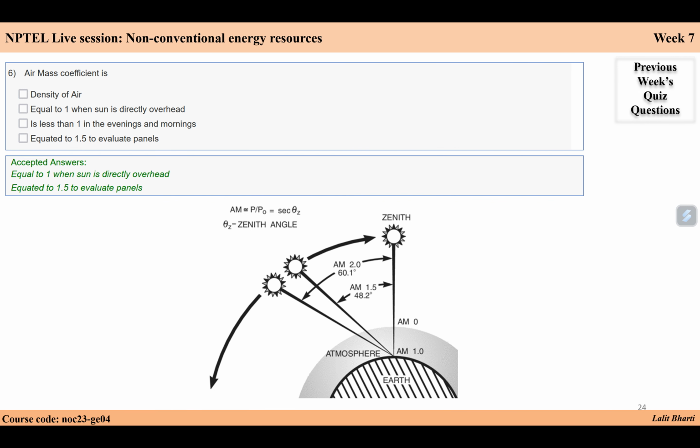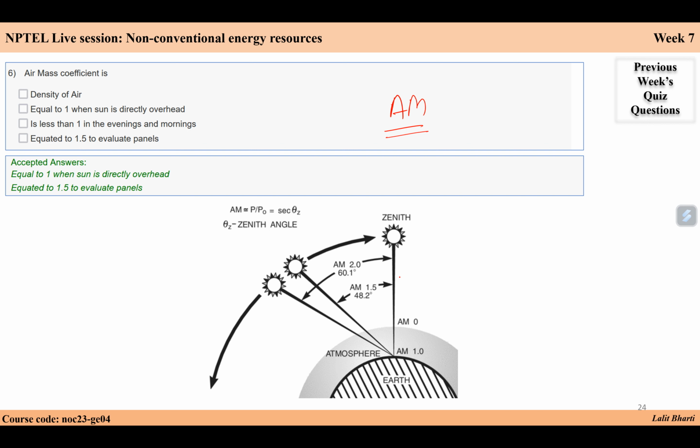The next question, question 6, is about the air mass coefficient, or AM. So what is the AM?